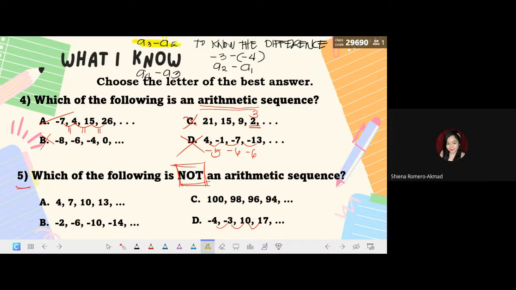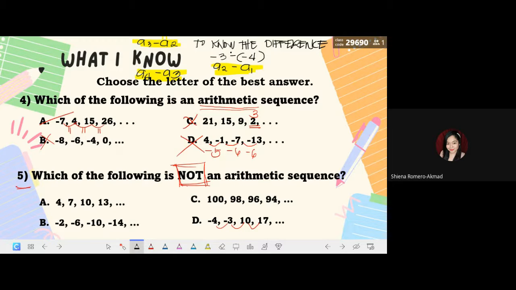Pwedeng ito yung gamitin nyo. As long as constant yung kanilang difference, meaning they are arithmetic sequence. They are considered arithmetic.